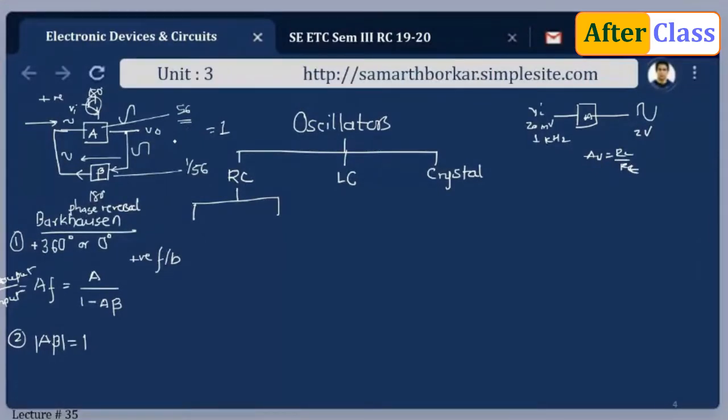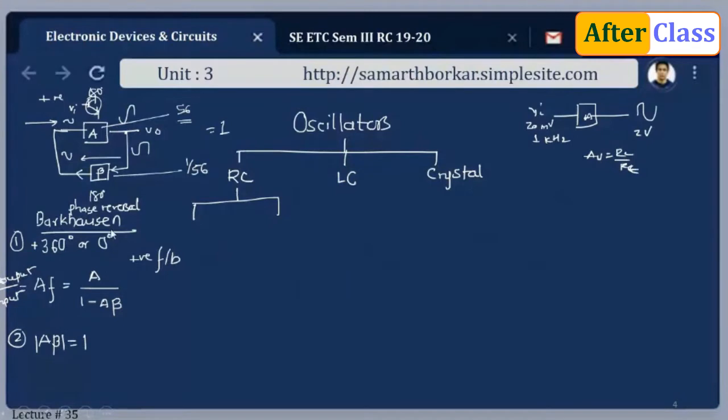If you recollect, the frequency for the RC phase shift was 1 upon 2 pi root 10 RC. So now there are two parts, the frequency part and the gain part. We calculated that for the RC phase shift, the gain has to be a minimum of 56. And normally, if I mount any circuit, it is greater than that.